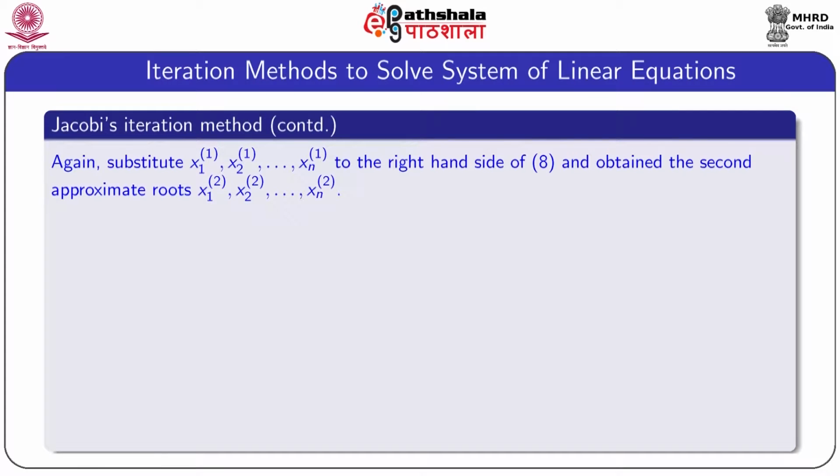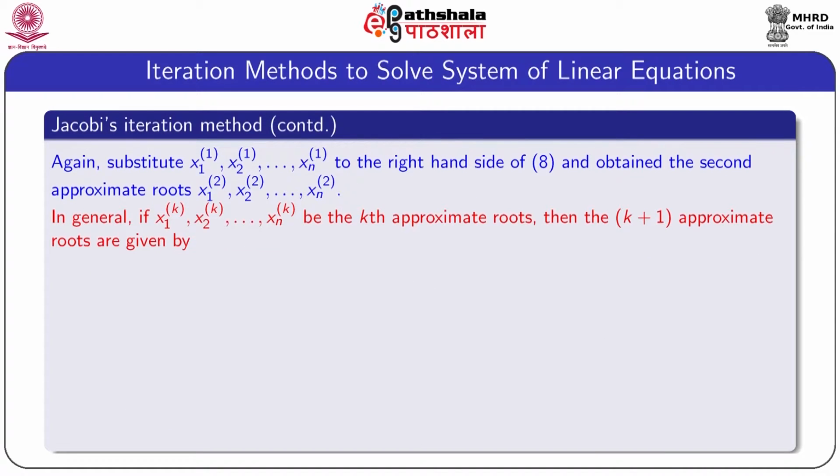Again, we substitute the first approximate values x1^1, x2^1, ..., xn^1 into the right hand side of the system of equation 8 and obtain the second approximate root x1^2, x2^2, ..., xn^2.